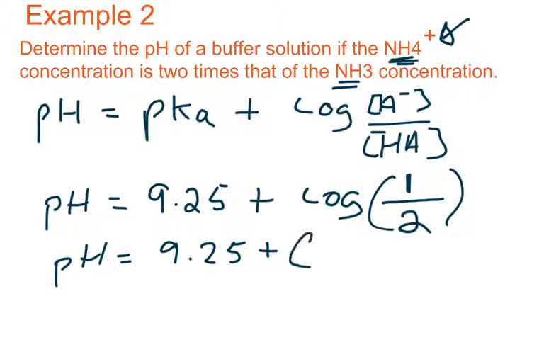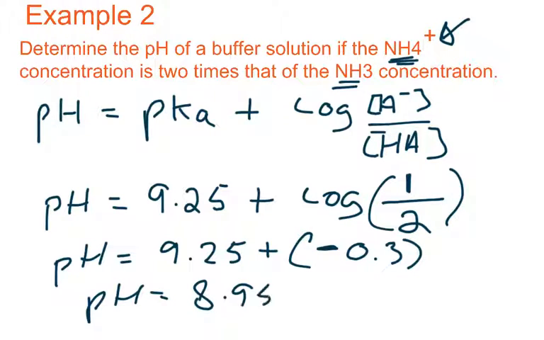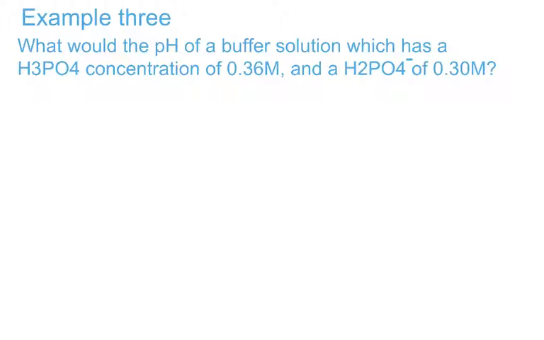So 9.25 plus -0.3 is around 8.95. Okay, guys, moving right along to example 3.